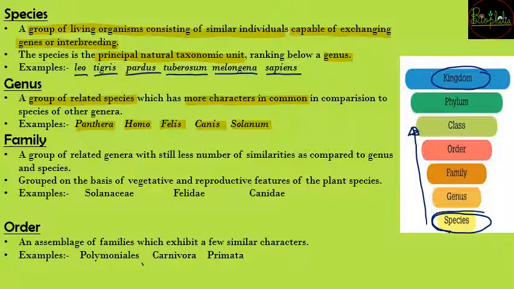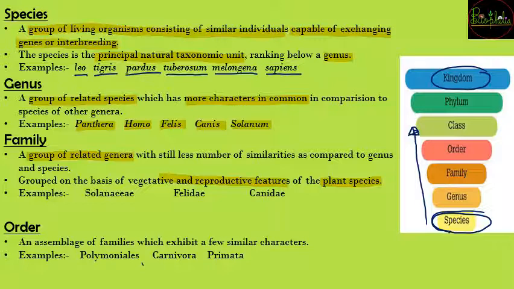Next taxon that comes is family. A group of related genera is grouped under family, and this grouping is based majorly on vegetative and reproductive features when you are categorizing plant species. तो प्लांट जेनेरा को ग्रुप करने का एक बेसिस यूज हो सकता है, that is vegetative and reproductive features.